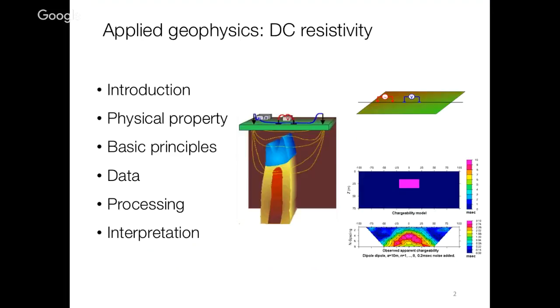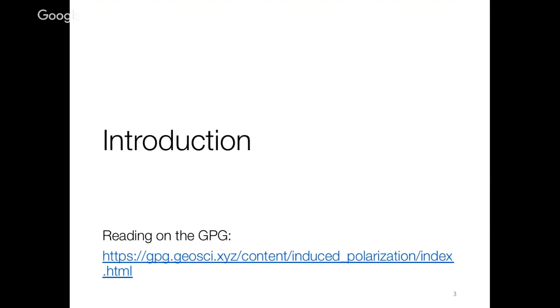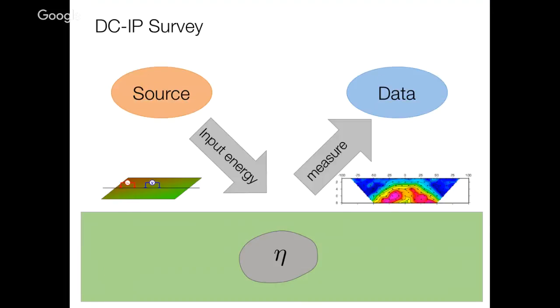Here's a pseudo section. Here's a target in there. The difference between this and what we did before is that the electrical conductivity of this whole unit is the same, but there is a difference in the chargeability. So that's what now we're going to focus on. So our physical property is effectively going to be chargeability.